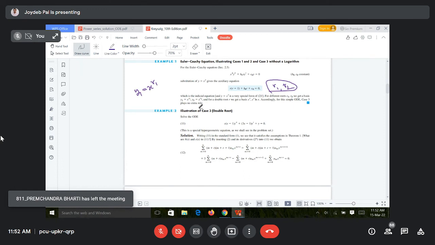Okay, here you will see that the coefficients A1, A2, A3, A4 will all be 0, and the second solution will be x to the power R2 by the Frobenius method. And if these two are equal, in that case the second solution will be x to the power R2 into ln x.